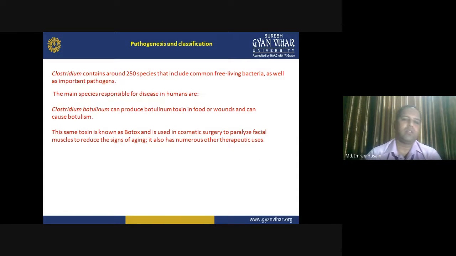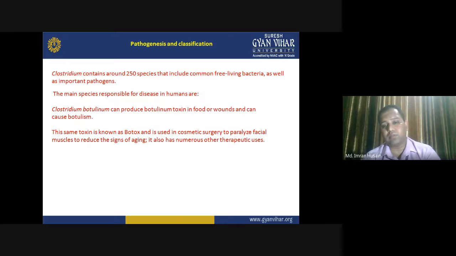Pathogenesis and classification. Clostridium contains around 250 species that include common free-living bacteria as well as important pathogens. So, the Clostridium genus or family is extremely large, and it has around 250 species that include common free-living bacteria as well as some other important pathogens.